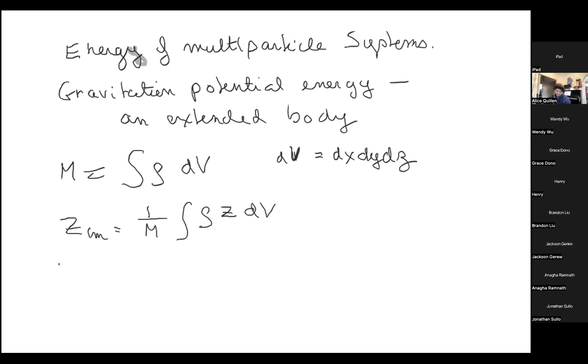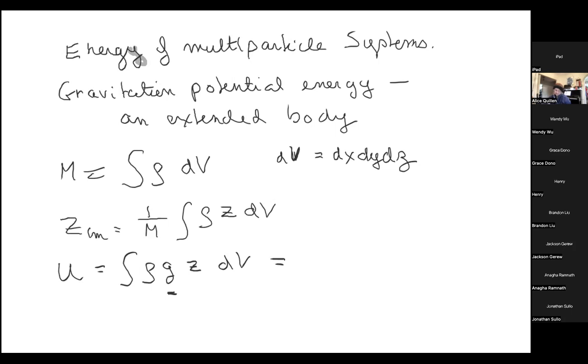The potential energy we can integrate up as rho g z dV. Rho dV is like a little mass element times z, and g is the gravitational acceleration. So this would give you the total potential energy.